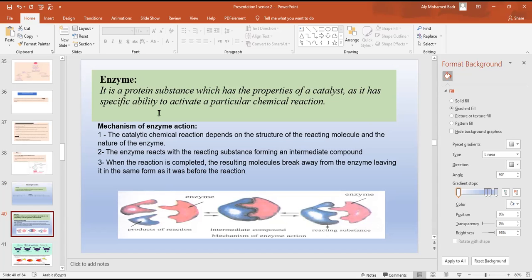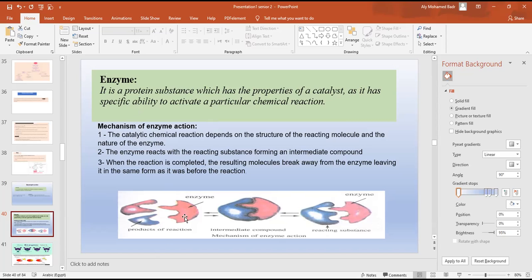These enzymes are also so specific, having the ability to activate a particular chemical reaction, working only for special substrates to get the product without any change in the enzyme structure.